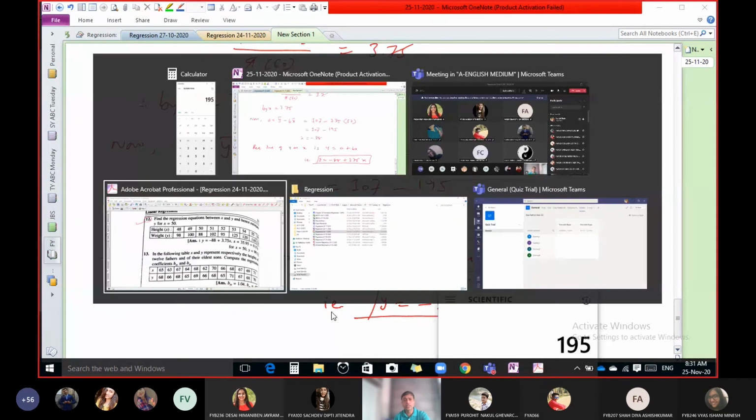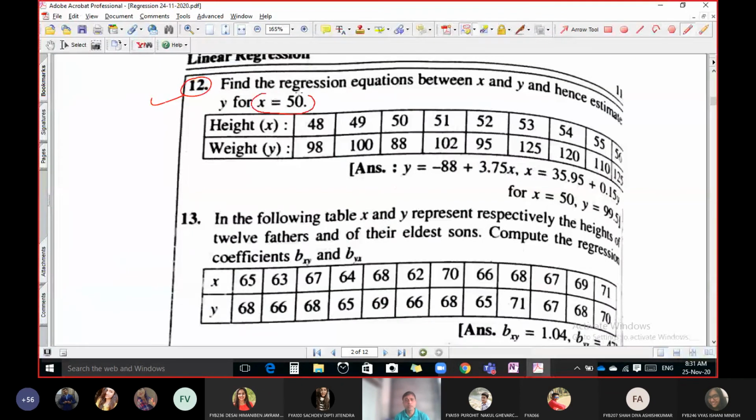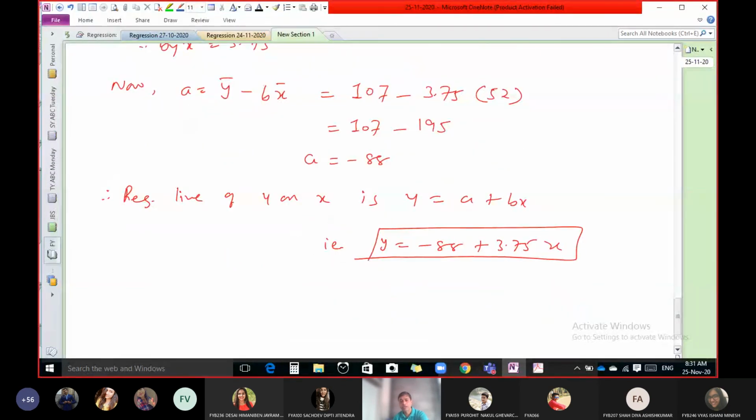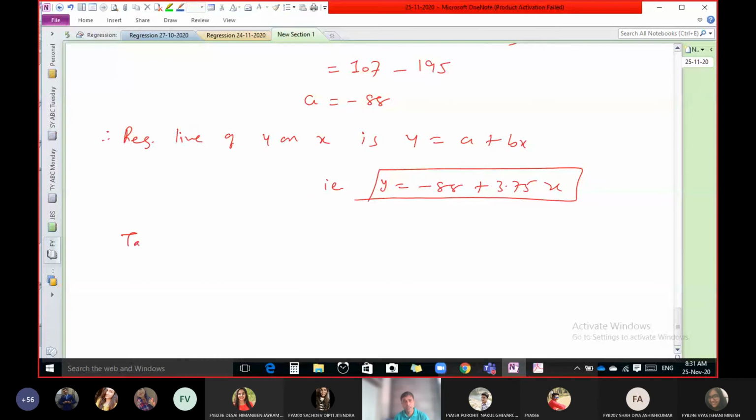Now here in the question it is given that if x is 50, find the value of y. So now put x equal to 50, you will get the value of y. So taking x equal to 50, we get y equal to minus 88 plus 3.75 into 50.